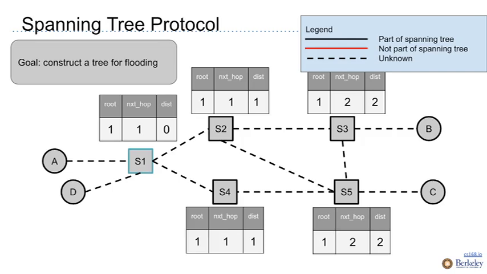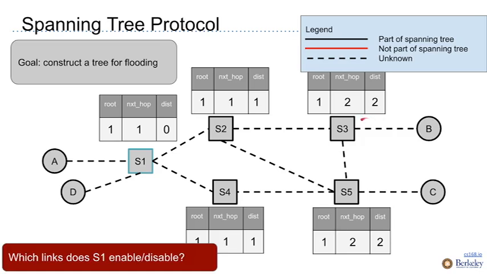How about the other 2? That was one of the rules of the protocol, right? If we have links to hosts, we keep them. So links to hosts A and D are in the spanning tree, and the other 2, we don't know yet.